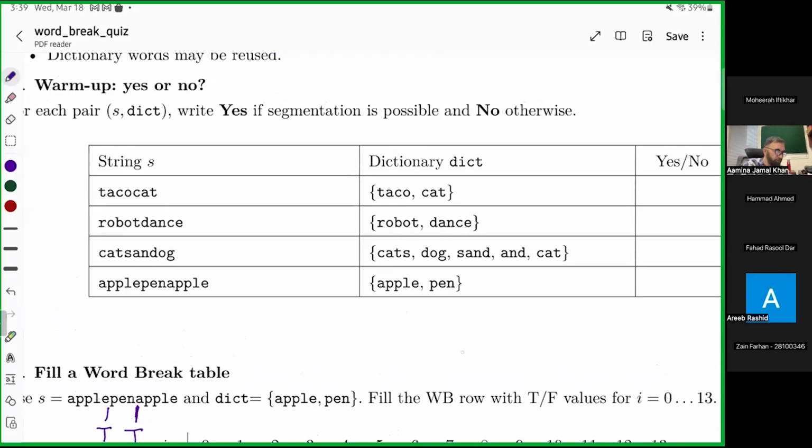Okay, so let's say this is your string cats and dog. Okay, और आपके पास जो डिक्शनरी है उसके अंदर you have cats, and you have and dog.